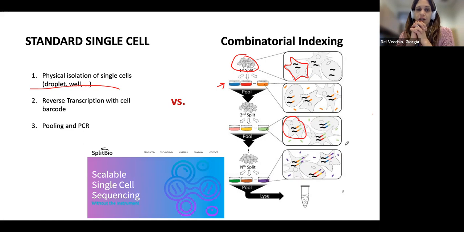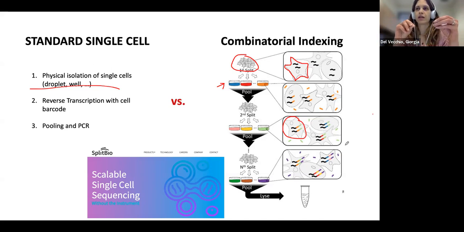But yeah, it's not in culture cells, in live cells, but it's in fresh cells. So you just take the cells from the cell culture or isolate the cells from your tissue.